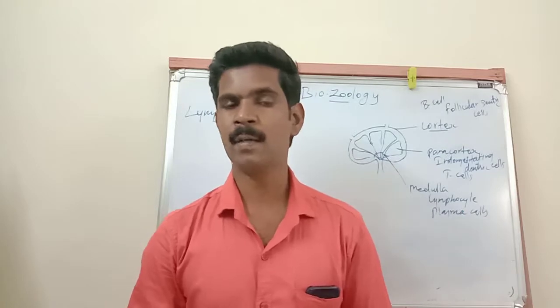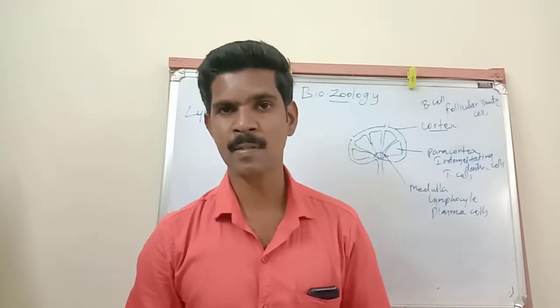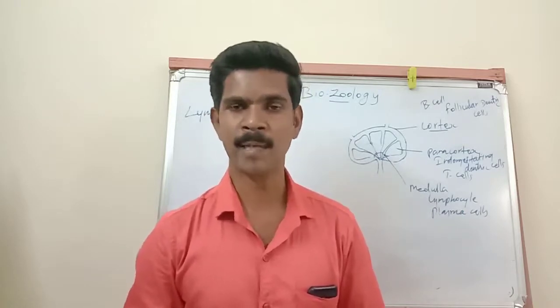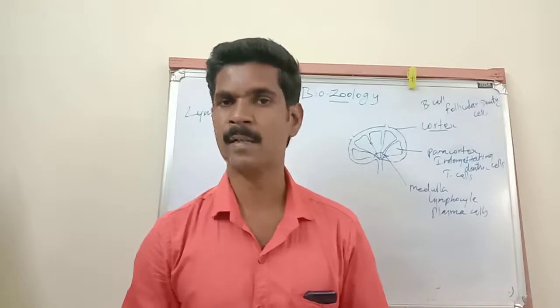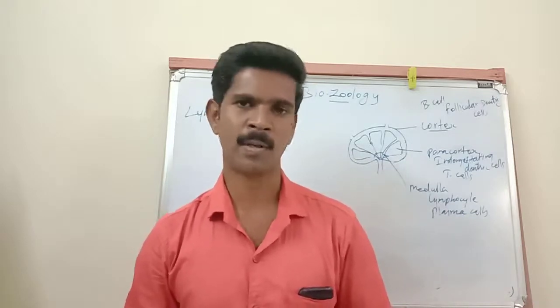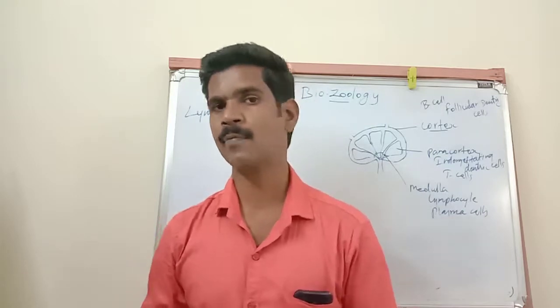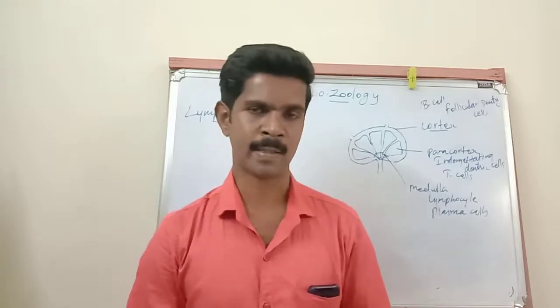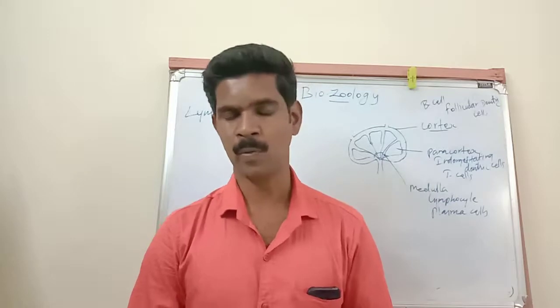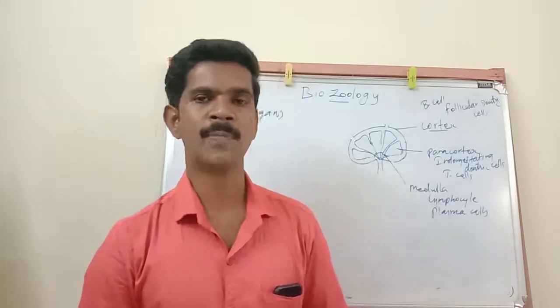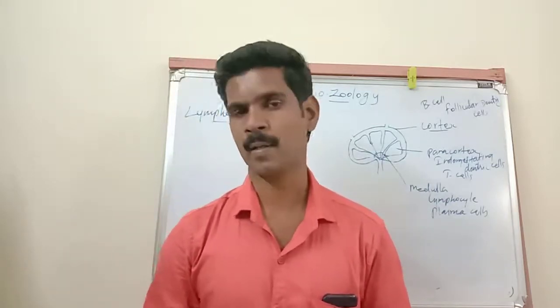The production, maturation and proliferation of lymphocytes mostly takes place inside these organs. All these organs are structurally and functionally different from each other. Today we are going to study some important lymphoid organs.